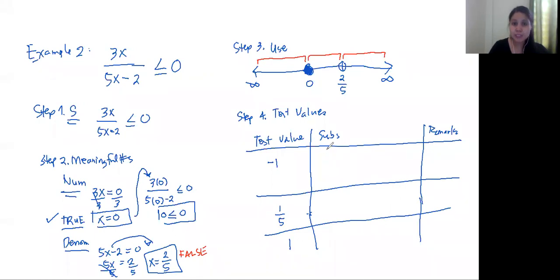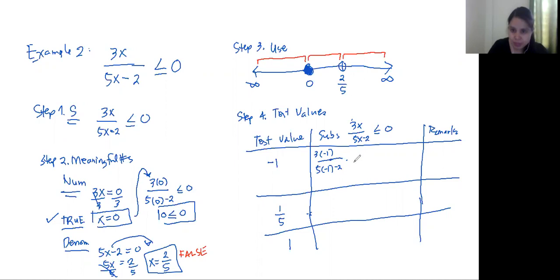Let's do the substitution. Let's go back to the original inequality. That's 3x over 5x minus 2 less than or equal to 0. Let's start. That will be 3 times -1 over 5 times -1 minus 2.